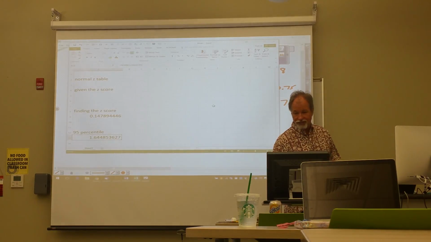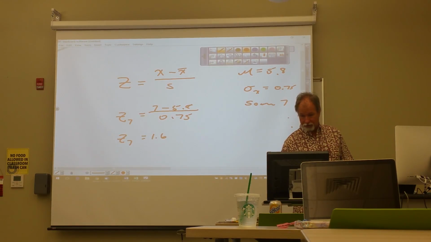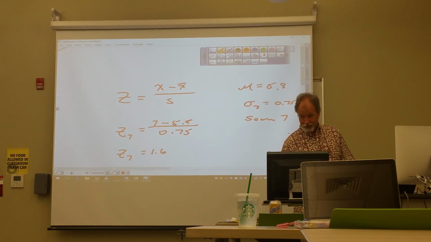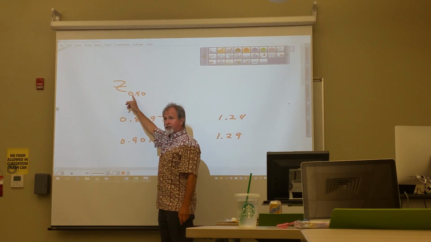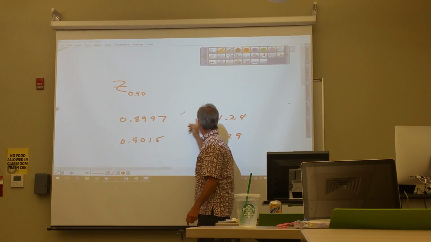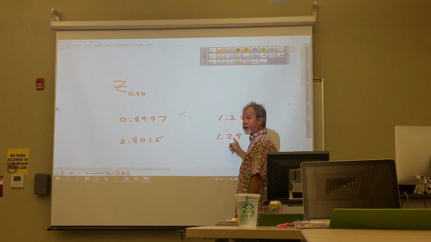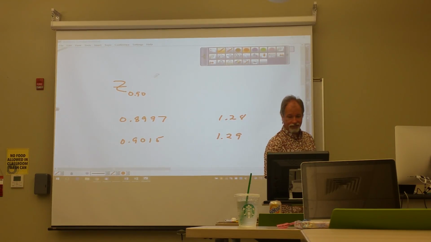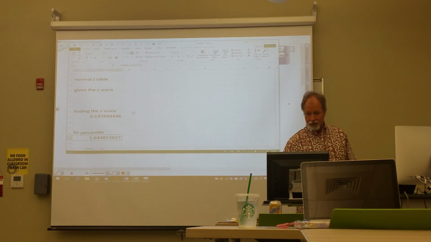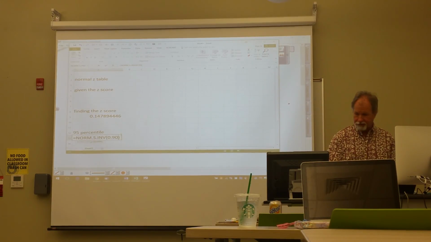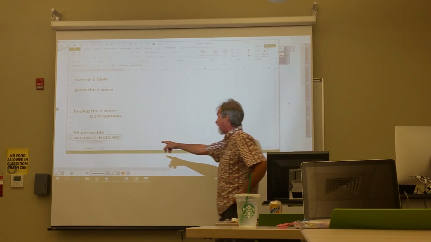The example that we just did a minute ago, where we wanted to find the Z-score for 0.9, and we looked it up and we said it was between 1.28 and 1.29. See, if I use Excel and I click on this, and instead of finding 0.95, I'm trying to find the Z-score for 0.90.